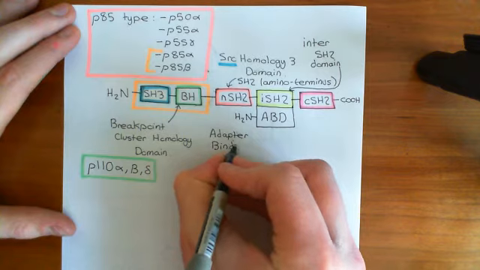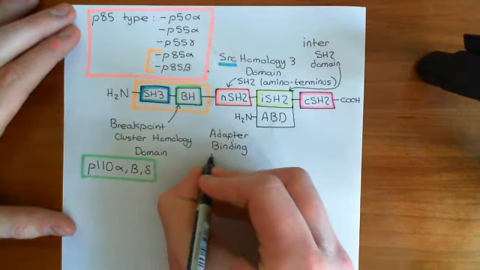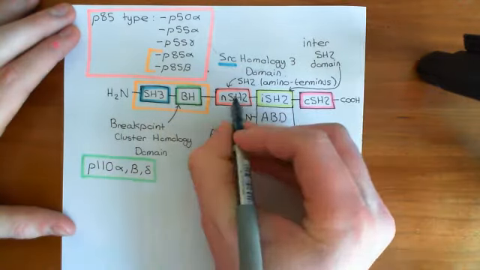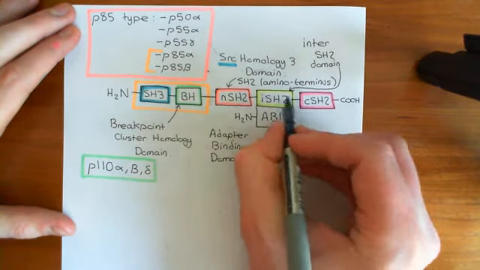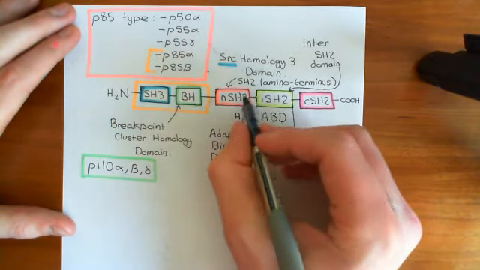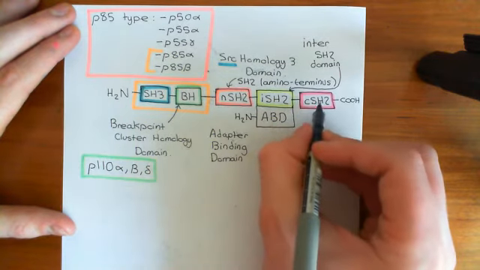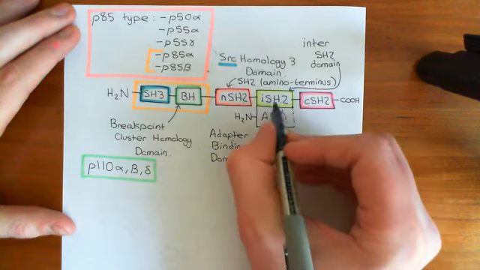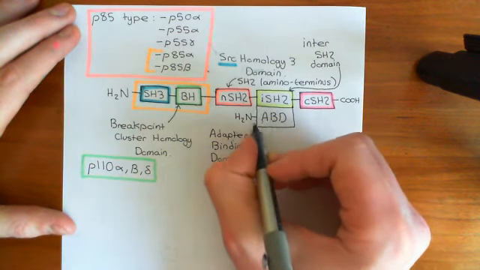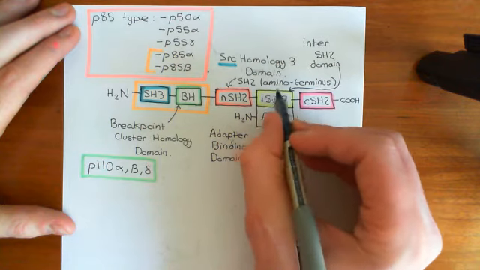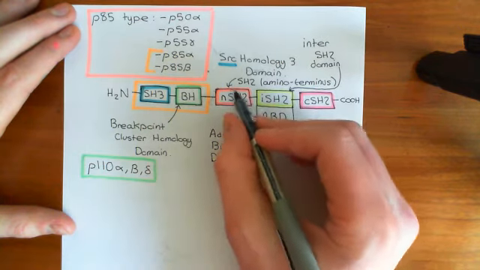Now, why is it called that? Well, if you think about what the regulatory subunit is going to do, the regulatory subunit is going to bind to the phosphotyrosine residues of the receptor tyrosine kinase dimer via its NSH2 domain and its CSH2 domain. It's also then going to bind to the catalytic subunit via its inter-SH2 domain here. So effectively, it is just functioning as an adapter.